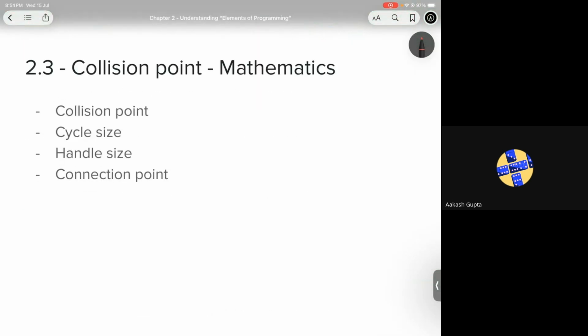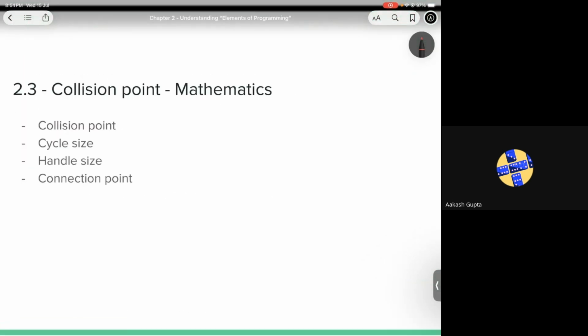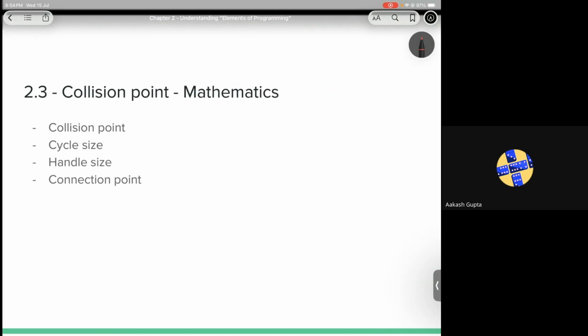Okay. So now coming to the mathematics of the collision point. I am not going to cover the exact details of how these results are derived. You have to refer to the book. I will simply cover the main results. So in the general case we have this handle, and as per the book's notation, this is the handle size h.